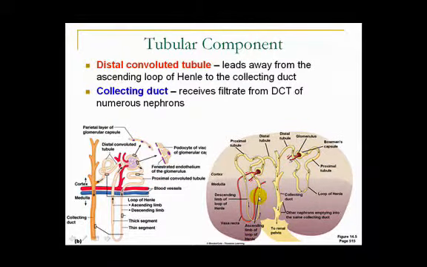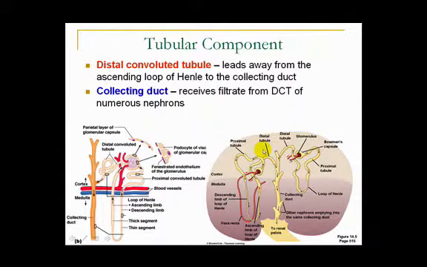From the loop of Henle, it enters into the distal convoluted tubule, that's here, and many distal convoluted tubules from different nephrons will feed into a larger collecting duct. This collecting duct will run down through the medulla, through those renal pyramids, and the filtrate will drip into the renal pelvis. Once it's in the renal pelvis, that final product is called urine.